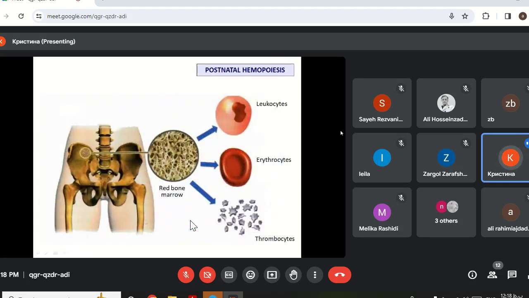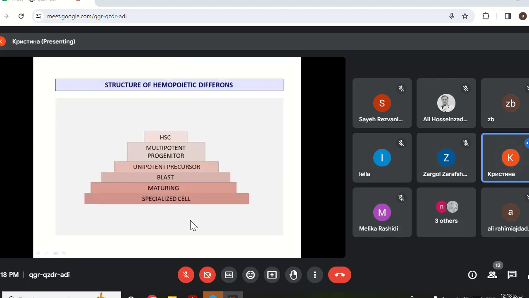During the postnatal period, hematopoiesis occurs mainly in red bone marrow, inside these small cavities in bones. The structure of the hematopoietic differon includes these steps.